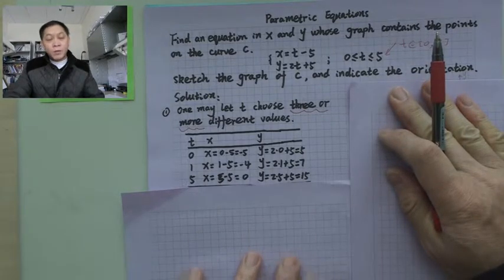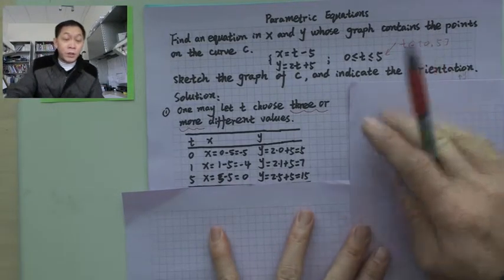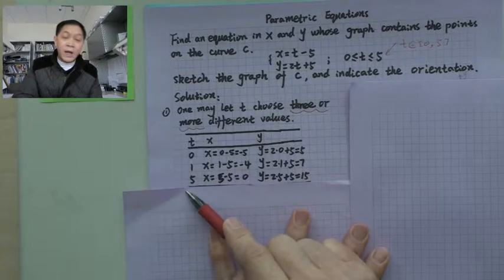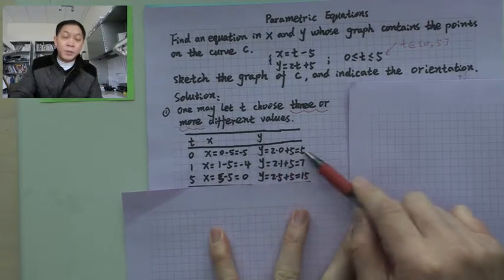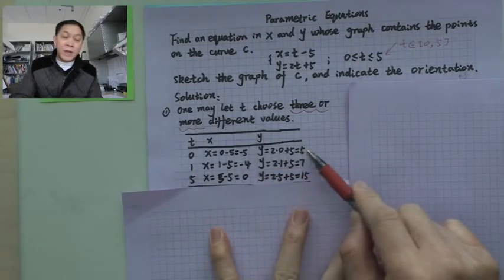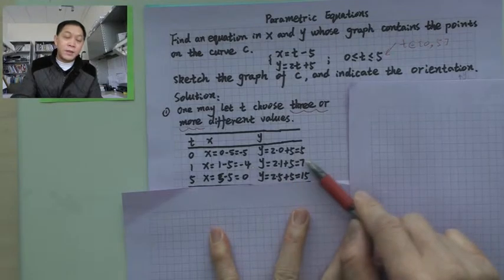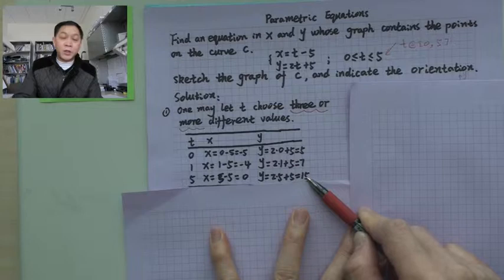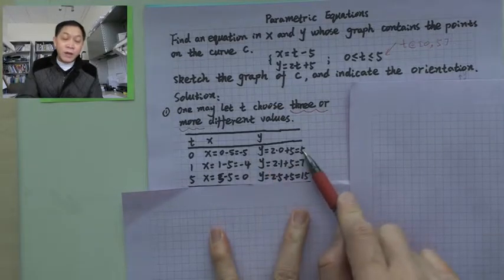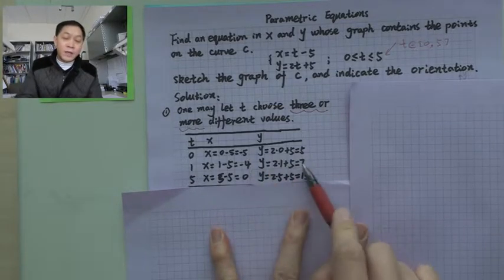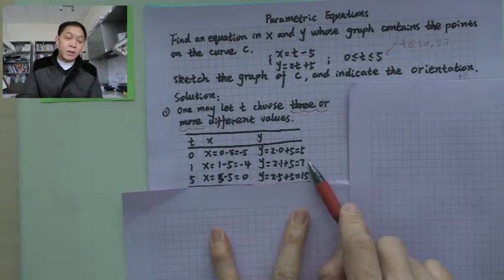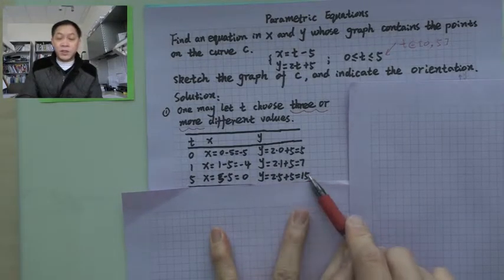Now we have 3 points as t increases from 0, 1 to 5: (negative 5, 5), (negative 4, 7), and (0, 15). So we know the graph will go from (negative 5, 5) to (negative 4, 7), and then to (0, 15).